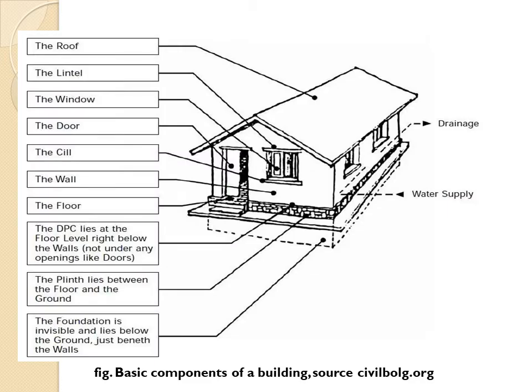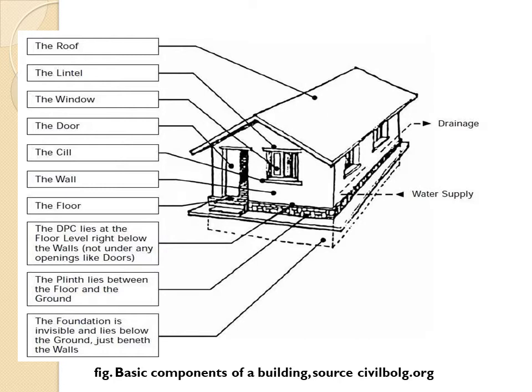So this figure indicates the various components of the building. Right from the top, the roof is visible. Then there is a lintel above the window. Then the window is visible. Then a door is there. Below the window there is a level that is called the sill level.